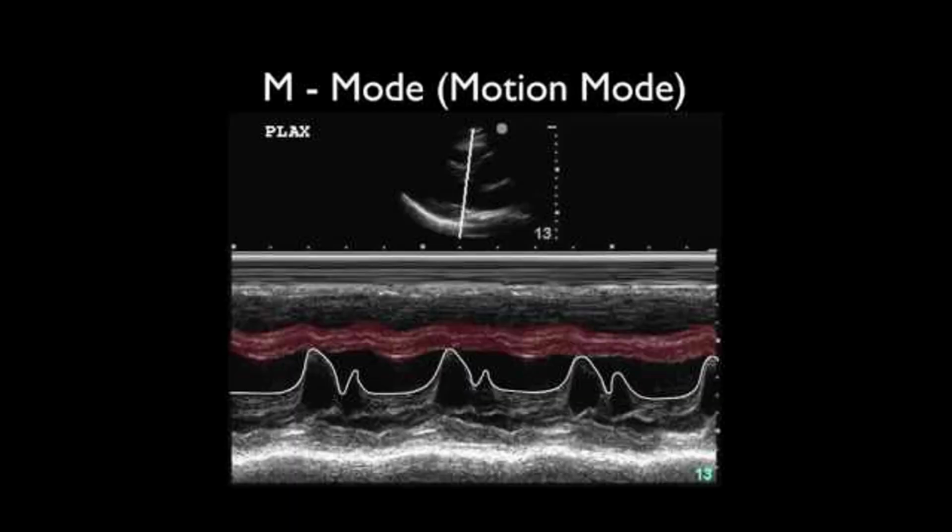What is M mode? M stands for motion. So that is for motion purposes. If we need to check the movement of something, for example in this case you can see that this is the mitral valve, and this is an imaginary line, and we are checking the movement of this mitral valve.